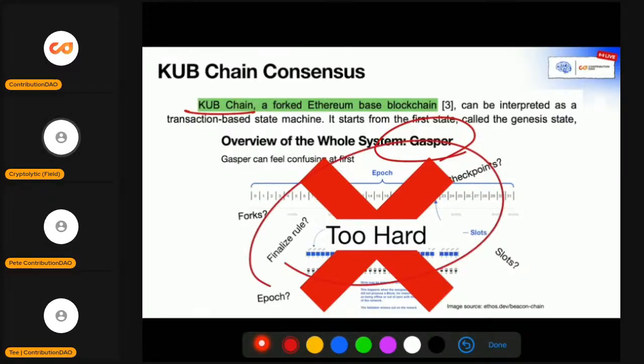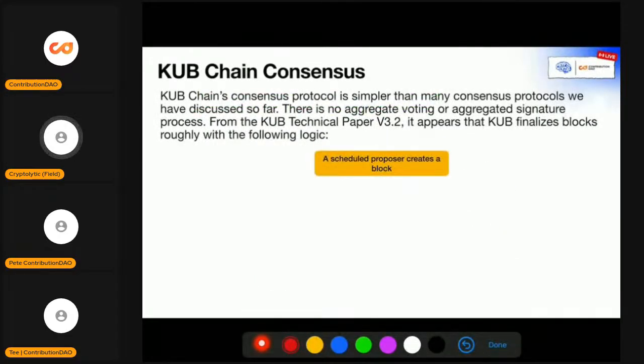So this one is going to be too hard, and KUB Chain has its own consensus protocol. As you will see in this live lecture, the KUB Chain consensus is quite simple compared to the other consensus protocols that we have discussed so far, like Monet BFT, Tendermint consensus protocol, some stuff like that.